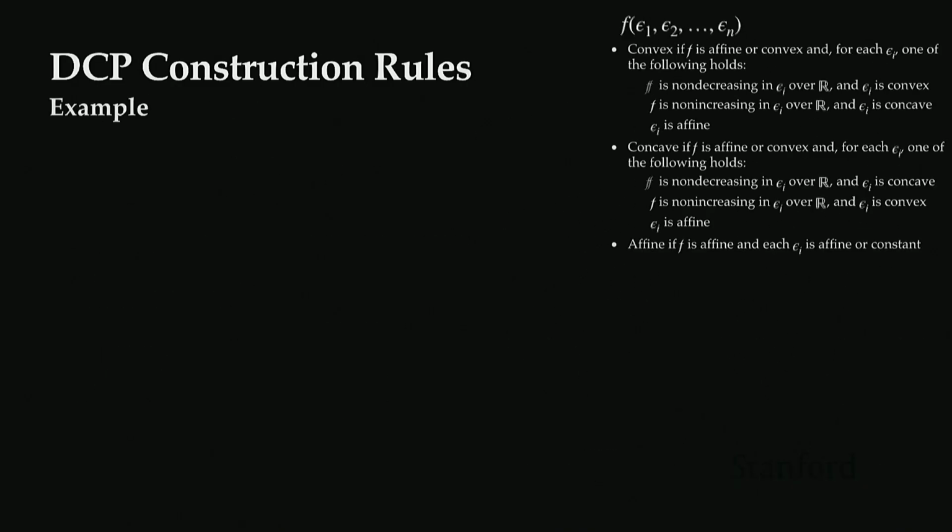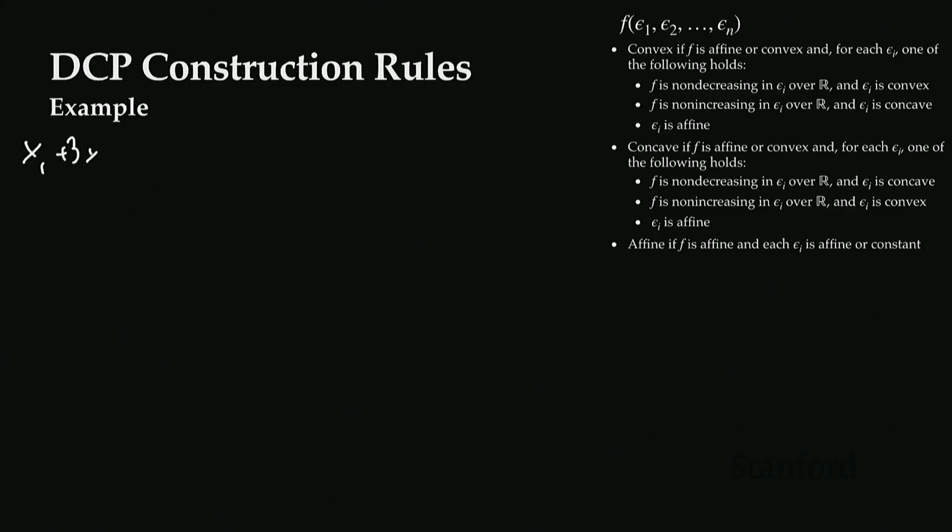Okay. And that's it. That's the two things to know if you want to just use these tools out of the box. So with that, let's go through an example and see how these two rules can get composed together to check something more complicated. So the thing that we're going to check is whether the following is convex.